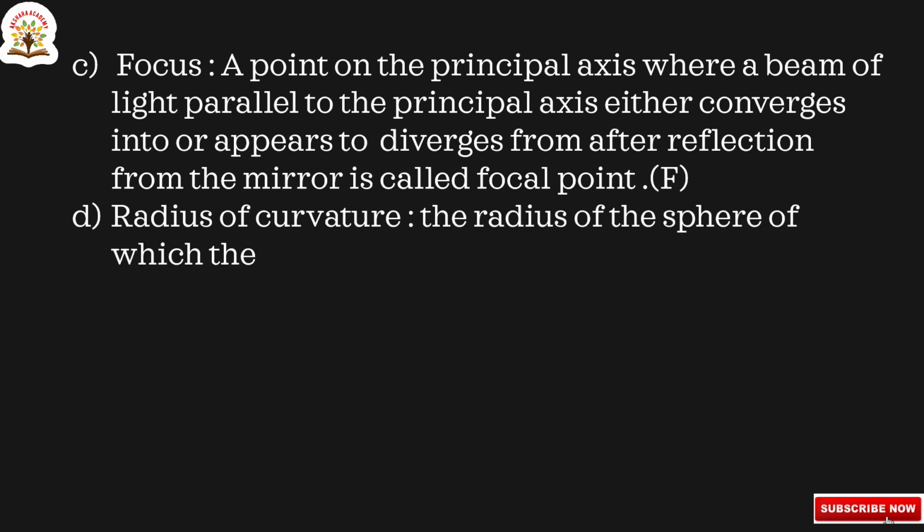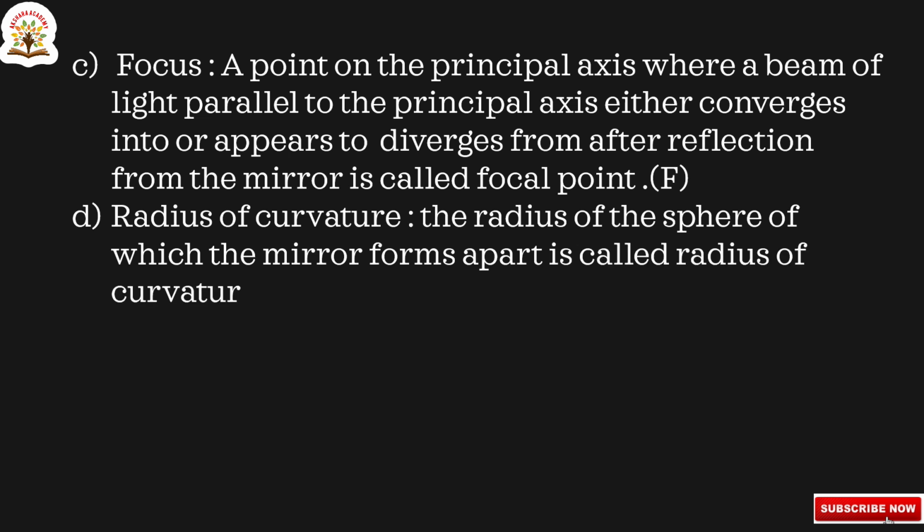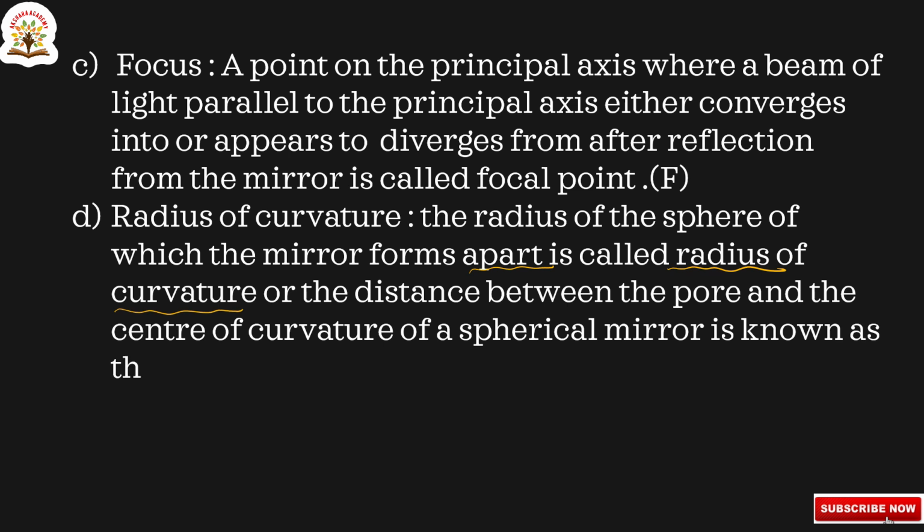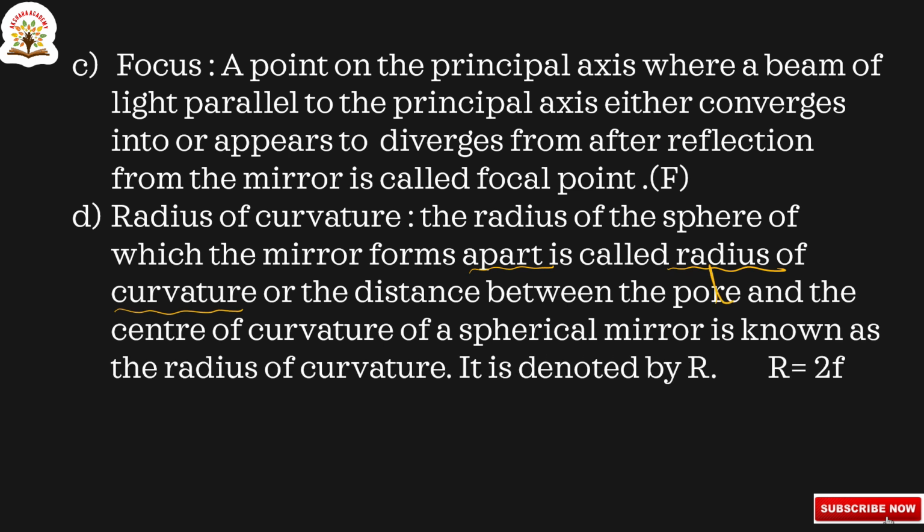Next, radius of curvature. Radius of curvature is the radius of the sphere of which the mirror forms a part, or the distance between pole and the center of curvature of a spherical mirror. Distance between P and C is known as radius of curvature.